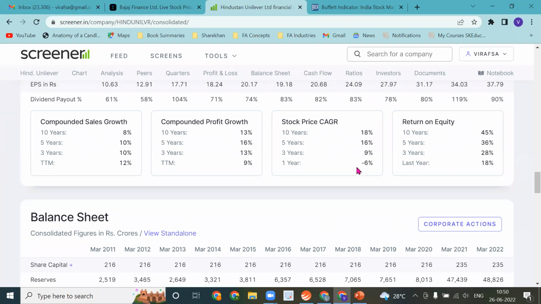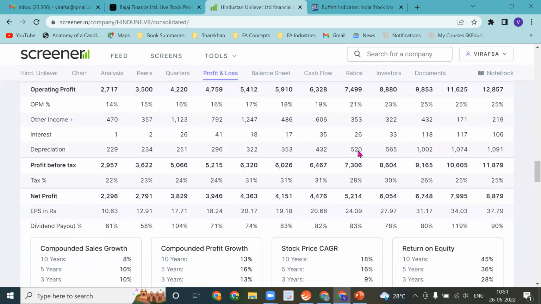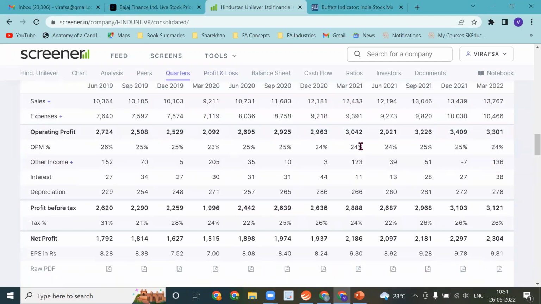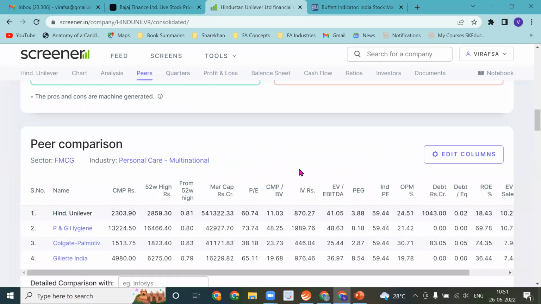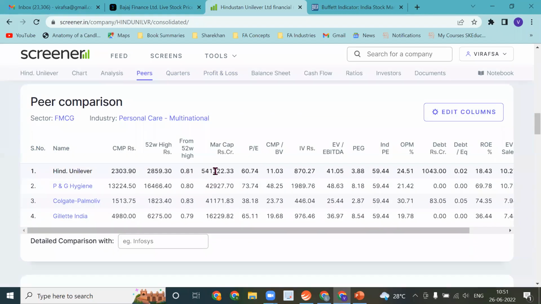The stock price is negative. Last year, the return on equity is less compared to the 3, 5, and 10 years. See the peers. See here. See the sales.